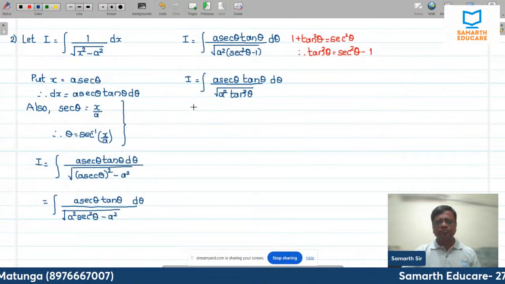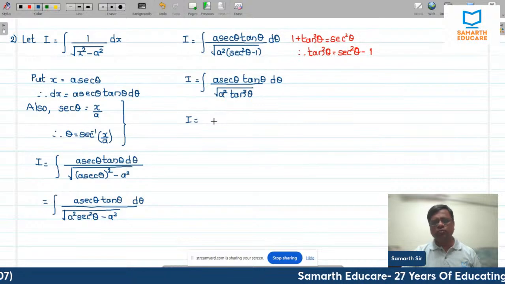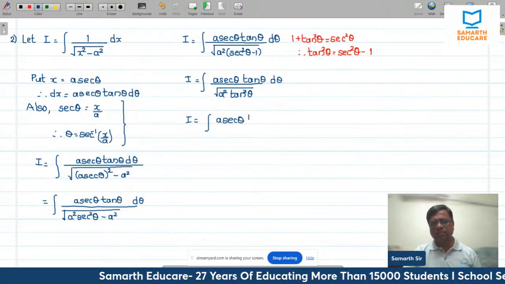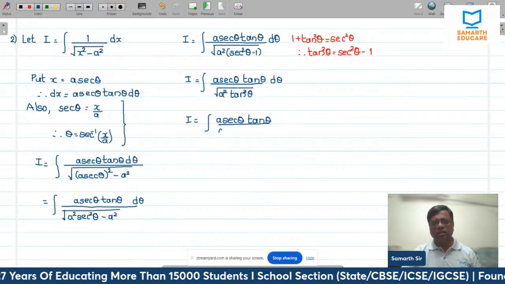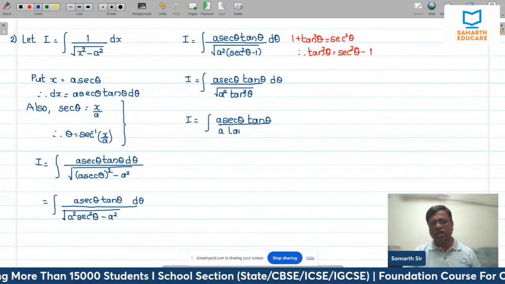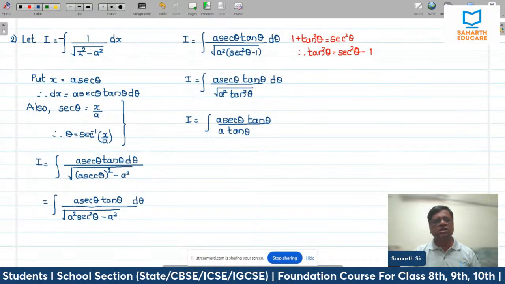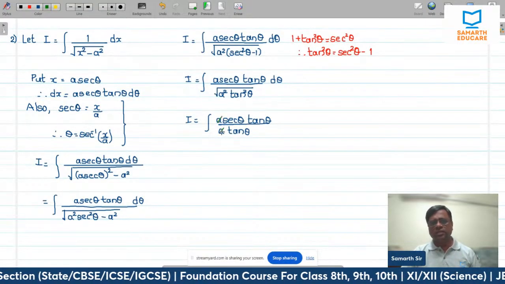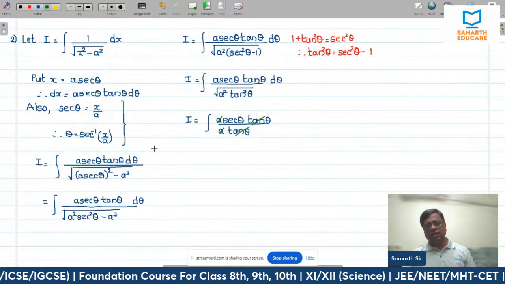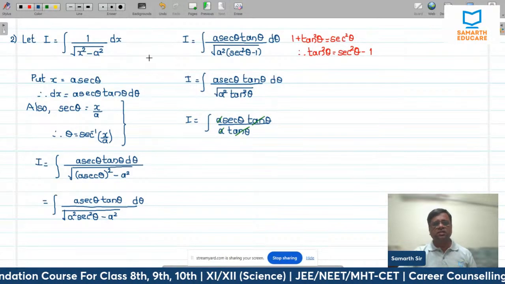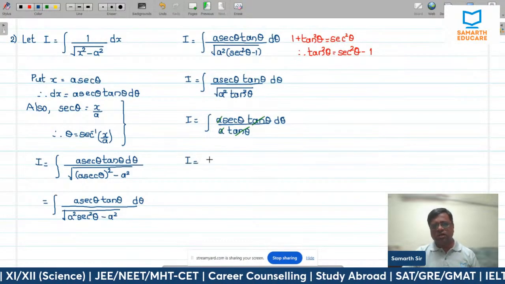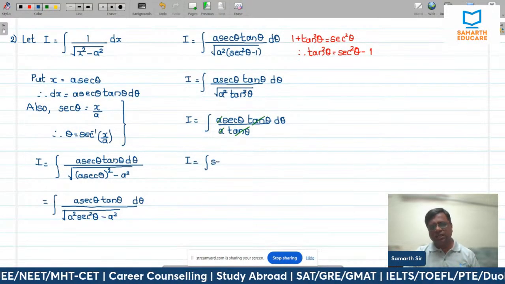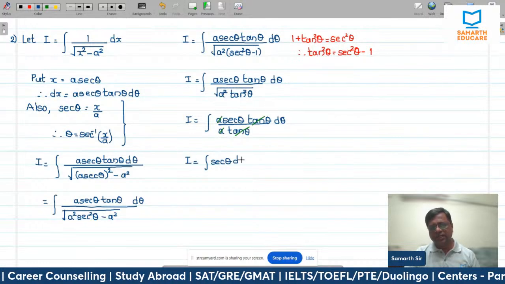Now, I is equal to integration a sec theta tan theta divided by a tan theta. Now what happens here, unlike the previous case, यहाँ पे a gets cancelled, tan theta and tan theta gets cancelled. Now what remains is I is sec theta d theta.